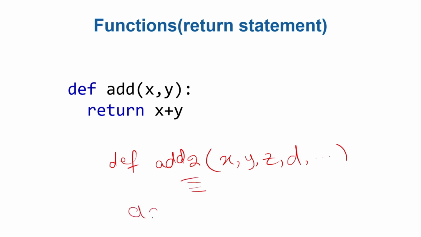Then anybody who wants to call this add2, if that person gives two arguments, then just 2 should be added. If the person gives 3 arguments, then 3 should be added. I mean, the person can give an arbitrary number of arguments. How can we handle that? Because the caller can give 5 arguments, 6 arguments, 7 arguments, and earlier we saw in the definition the total number of variables.